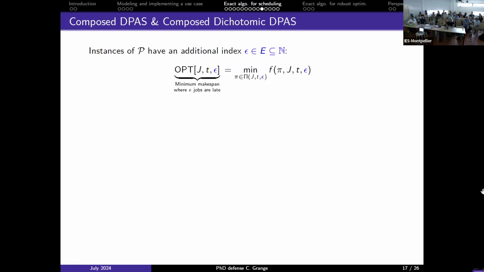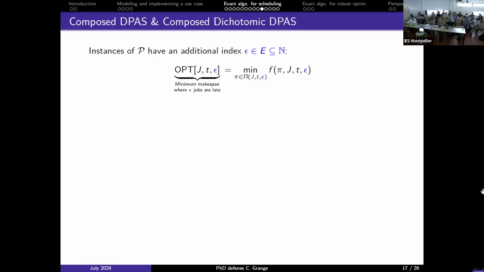recurrence. So for that, we slightly changed the problem on which we are deriving the recurrence. So we will require an additional index epsilon, and we define opt of j, t, and epsilon as the minimum makespan, so the minimum latest completion time, where exactly epsilon jobs are late.